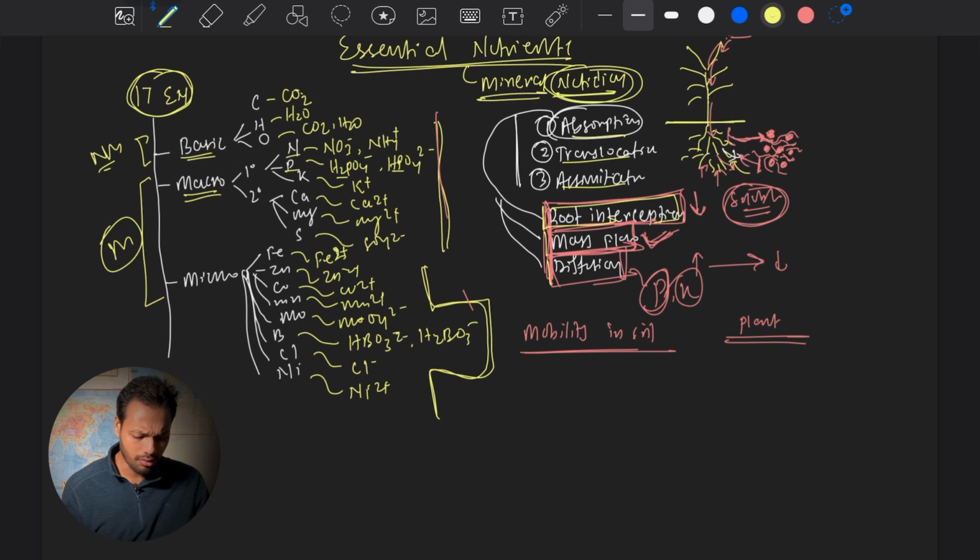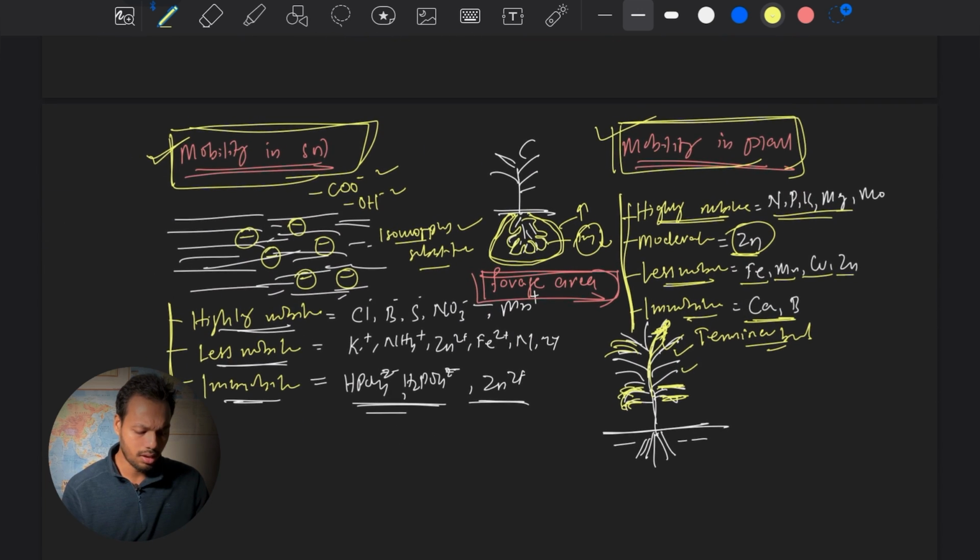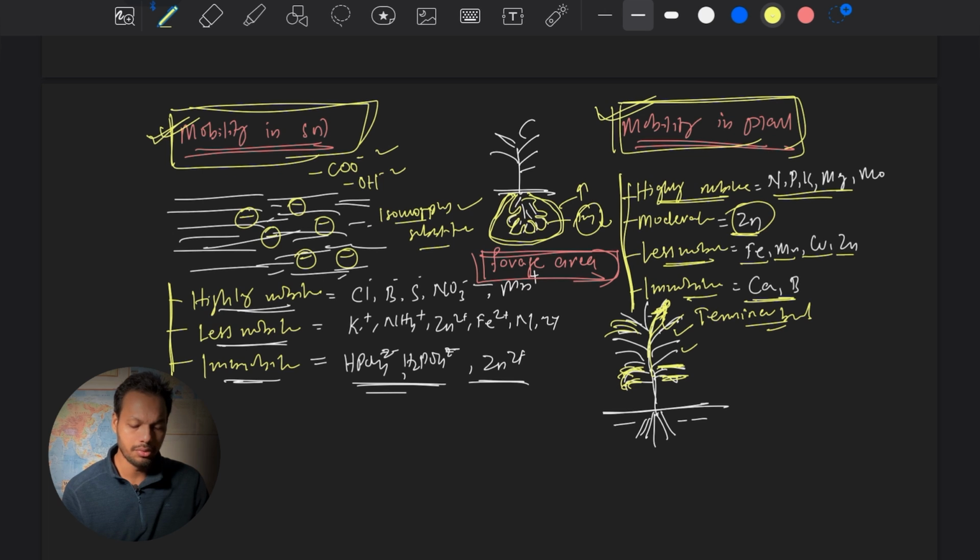So this we have already discussed, and we have also discussed the mobility of nutrient in soil and the mobility of the nutrient in plant, and based on the mobility we have classified the forage area as well. For highly mobile nutrient the forage area is larger, for less mobile nutrient it is close to the root system. We have also covered which nutrient comes under which category, like highly mobile nutrient or immobile nutrient.